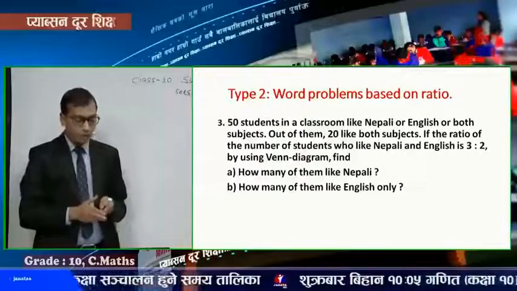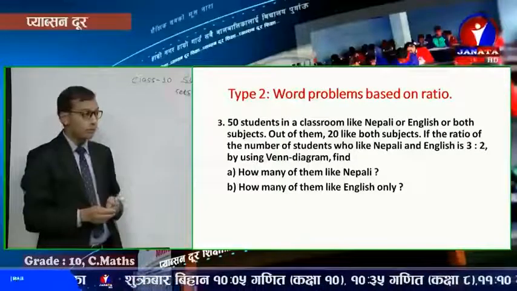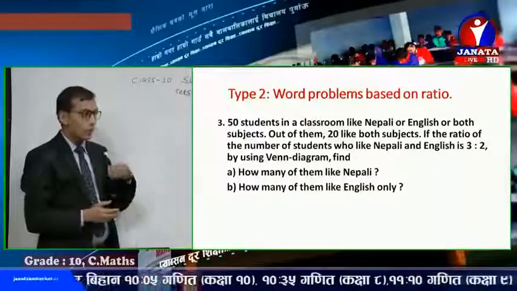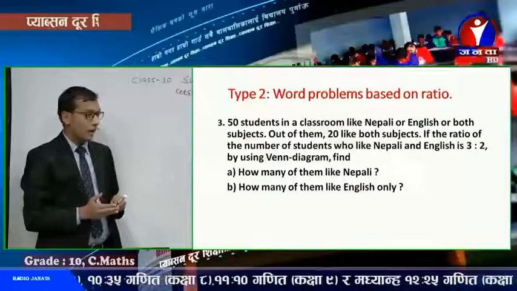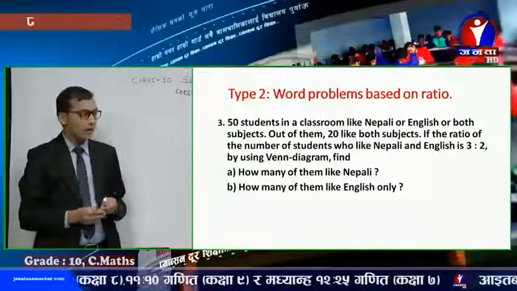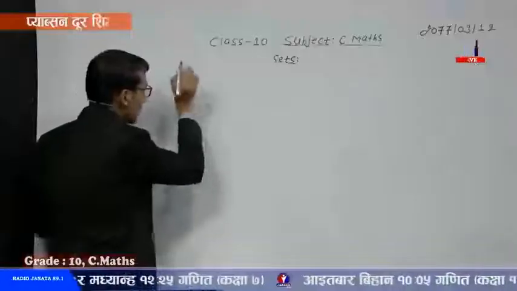If the ratio of the number of students who like Nepali and English is 3:2, so there is a ratio, and by using Venn diagram, find how many of them like Nepali, how many of them like English only. So let's start.